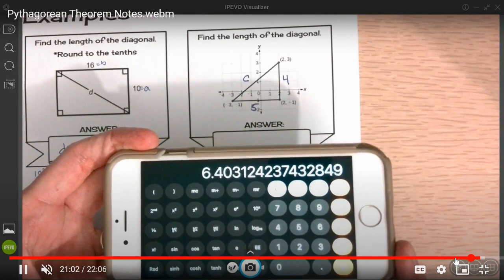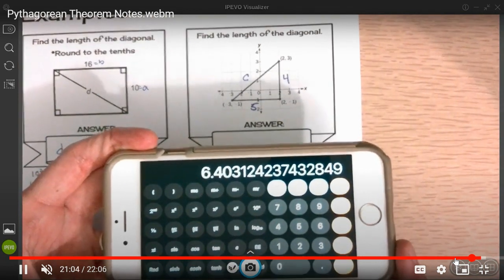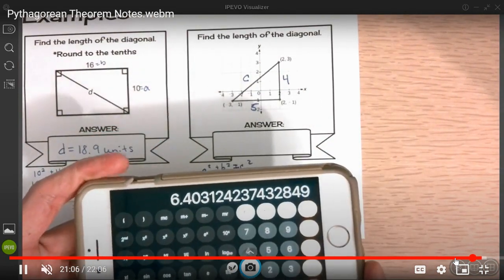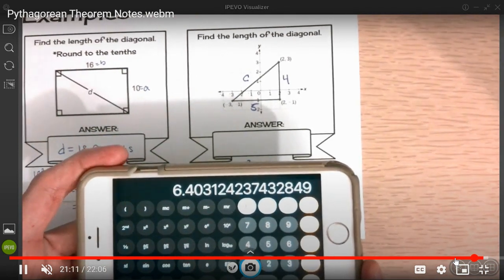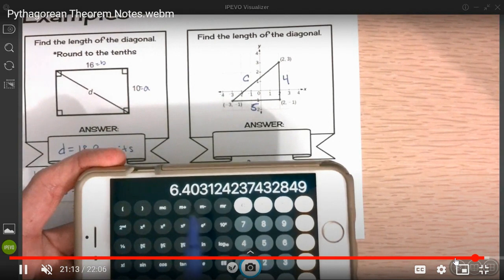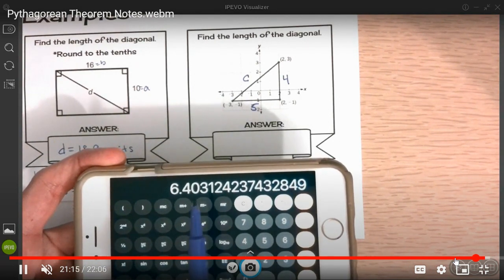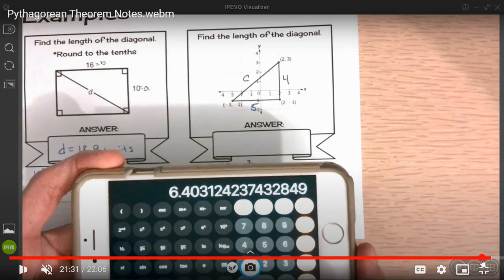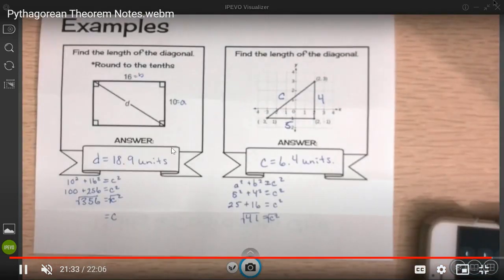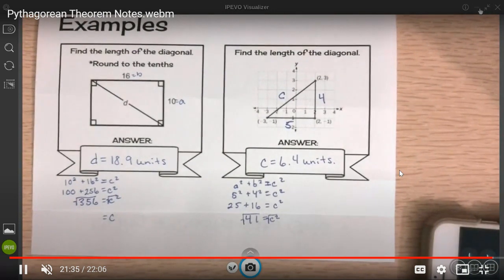I've got 6.40 and so on. Let's go ahead, for accuracy's sake, and round that to the nearest tenth. That would be 6.4 units. Look, I wrote it down so fast you didn't even see me do it.